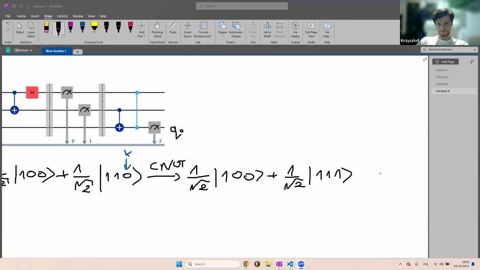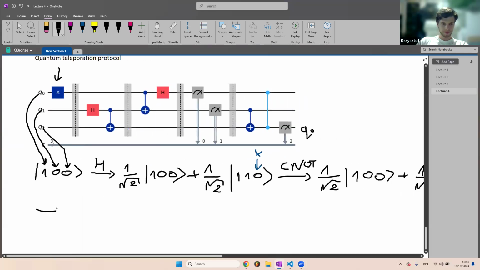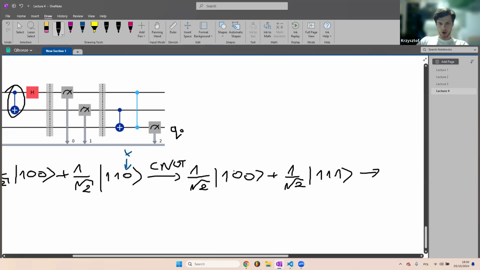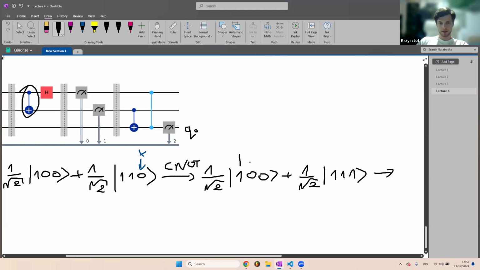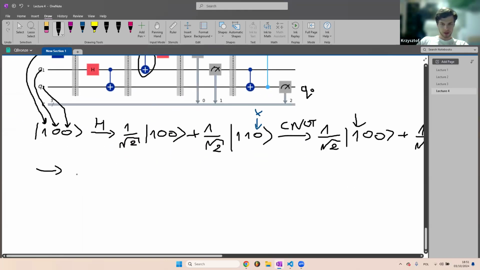Okay. So now we will apply a CNOT on the first qubit as a target and the second qubit as the control. So after that, we are left with the state 1, 1, 0.